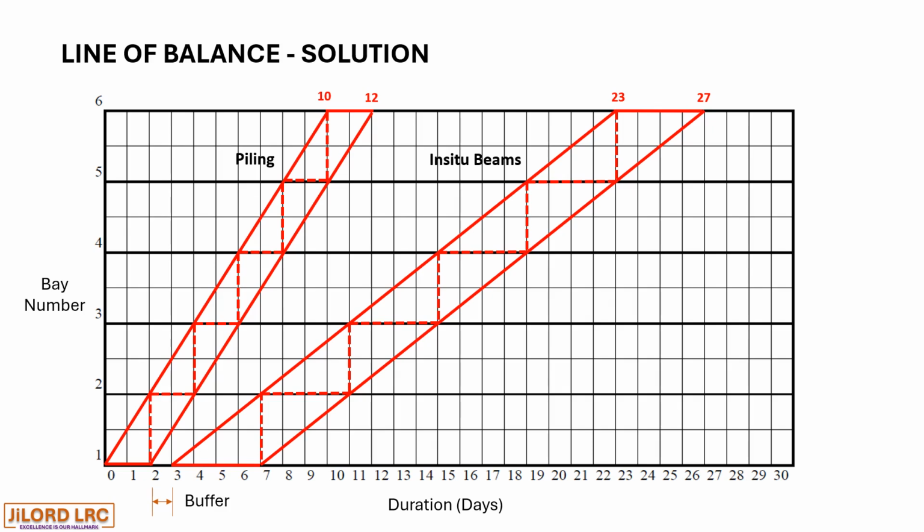So if we decide to bring the buffer to the bottom to start at 8, it means if it moves at a very fast rate per the days, the duration at which each bay has to be done, it will overlap the in situ beam operation.